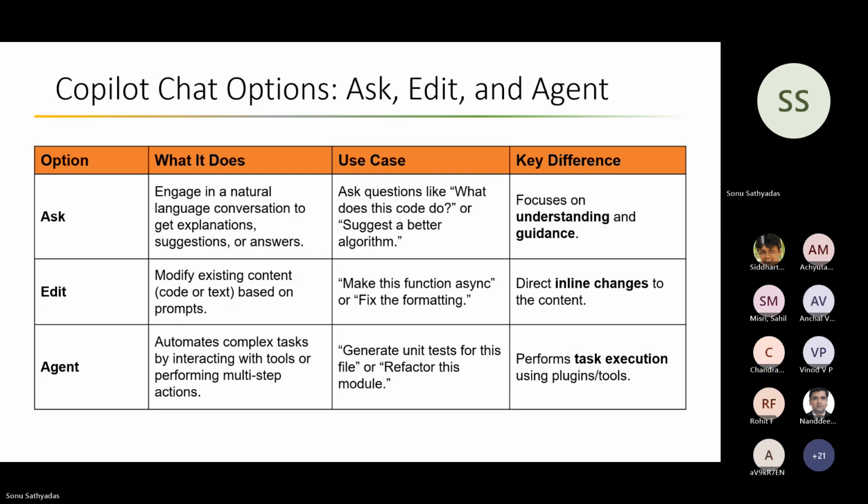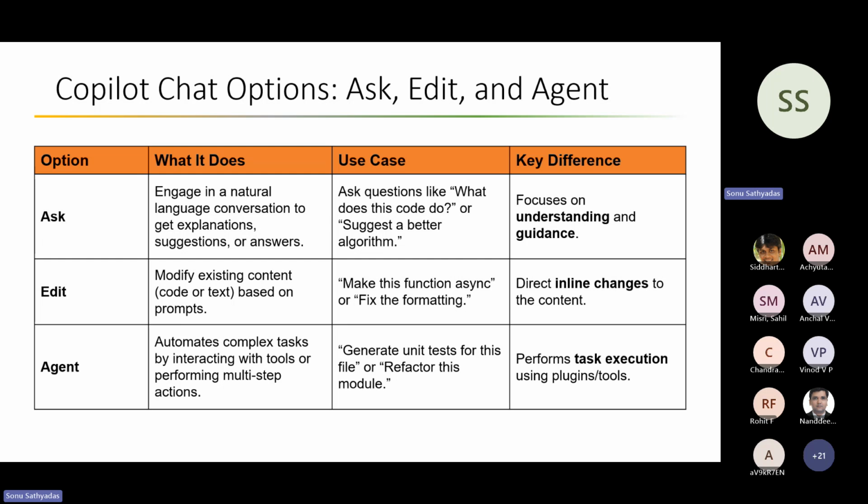Ask is the traditional way of using the chat because it helps you to converse with GitHub Copilot, and you can simply ask any questions related to your code. But if you want to make interactive code changes, maybe you have to modify an existing file or create some new files, then you can use GitHub Copilot edit because it can proactively do something.